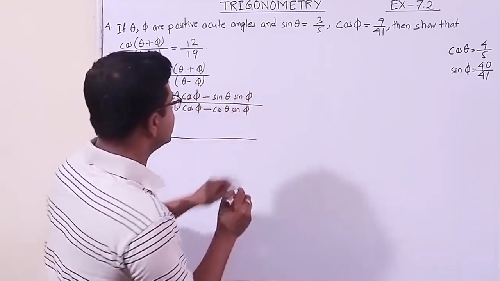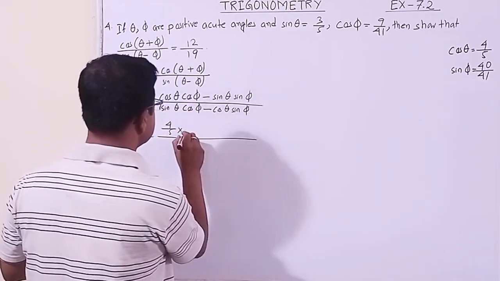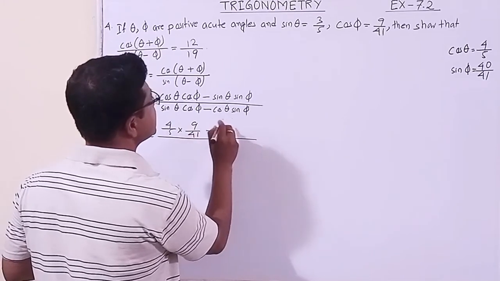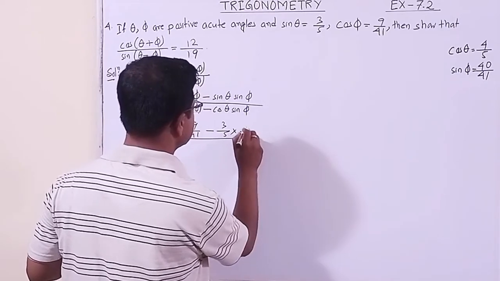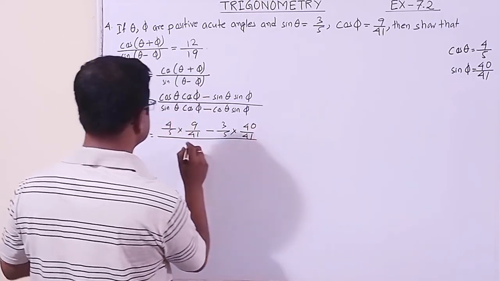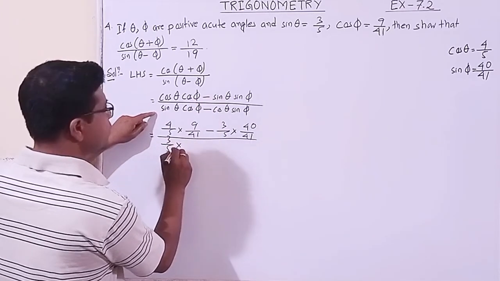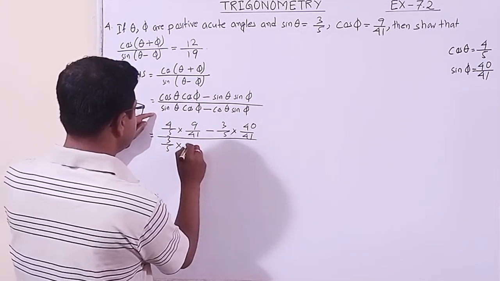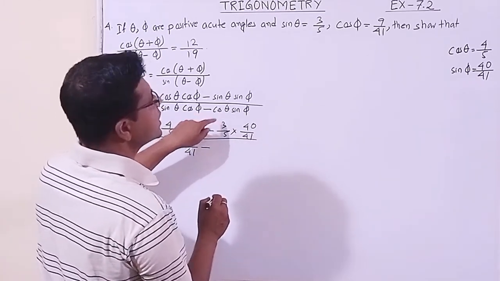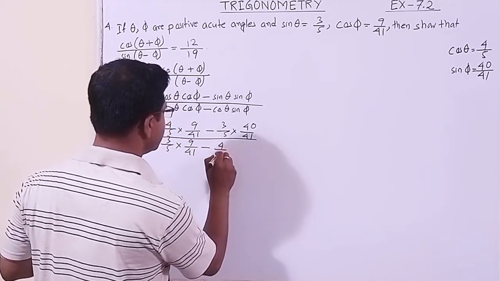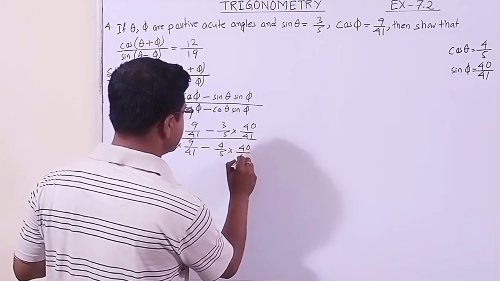Cos theta is 4 by 5, cos phi is 9 by 41, sin theta is 3 by 5, sin phi is 40 by 41. In the denominator, sin theta is 3 by 5, cos phi is 9 by 41, minus cos theta is 4 by 5, sin phi is 40 by 41.